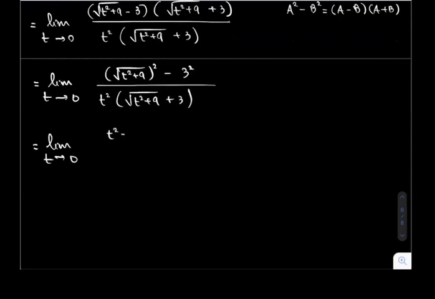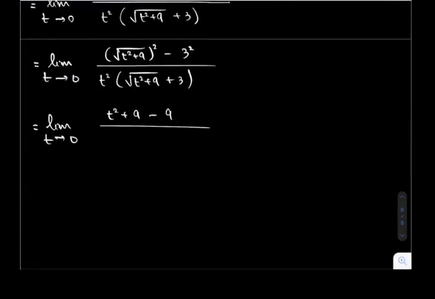You have t squared plus 9 minus 9, over t squared times the square root of t squared plus 9 plus 3. Positive 9 and negative 9 cancel out.